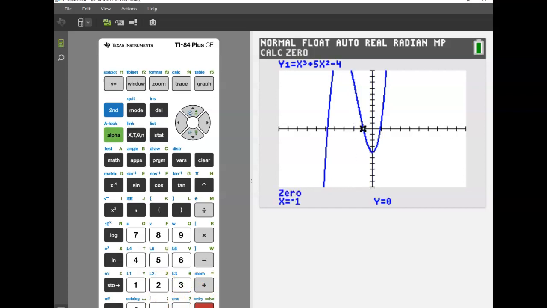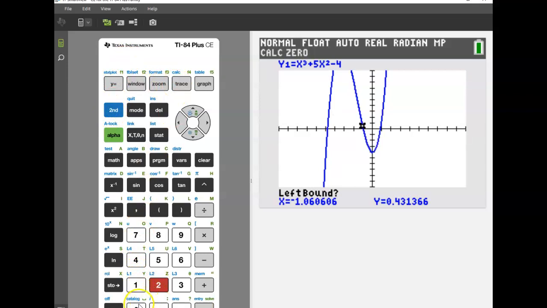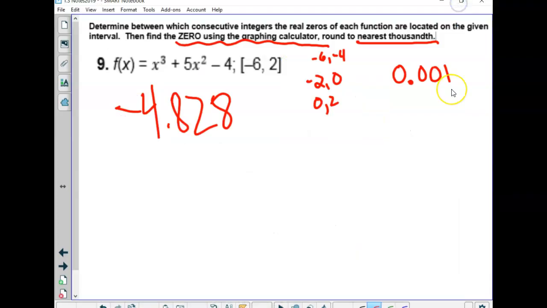So I got exactly -1, yes? And then 0 is choice 2, and it's somewhere between 0 and 2. Make sure it doesn't still say guess. 0.828? Okay. I already forgot. -1 and 0.828. Did I get them all?